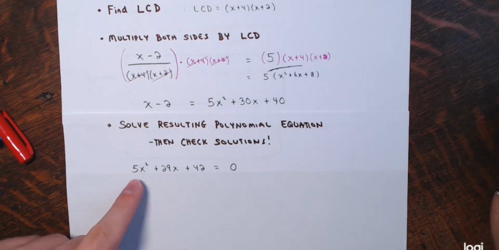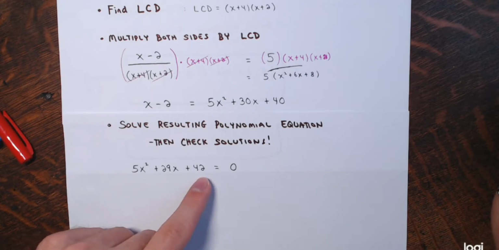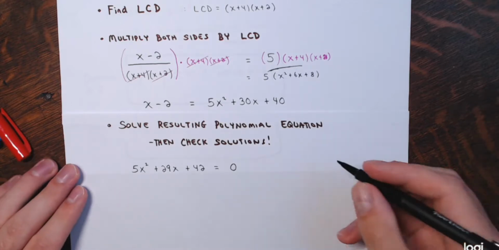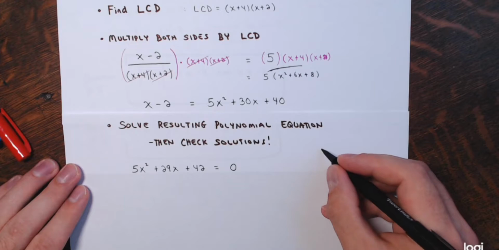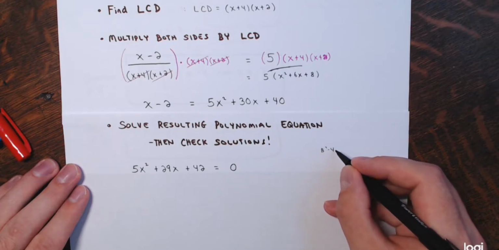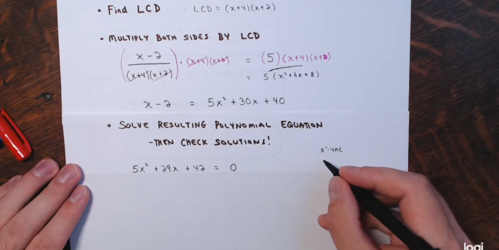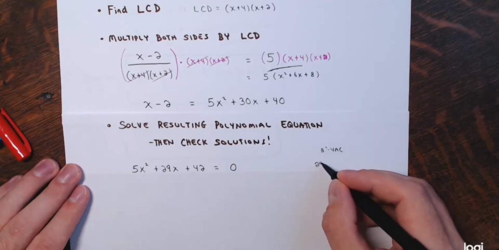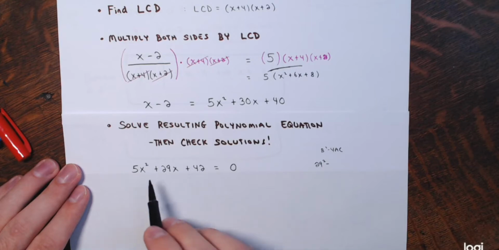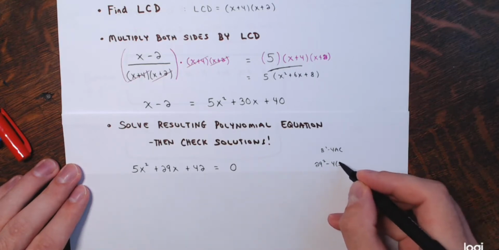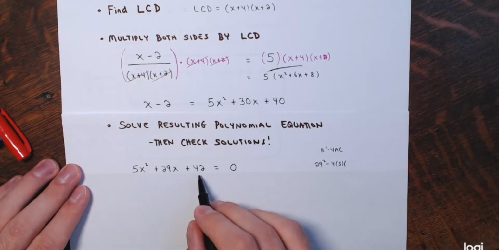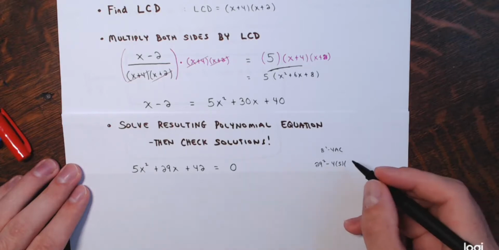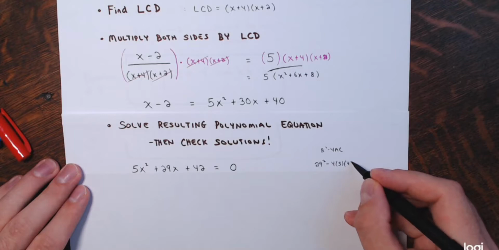Now I have a quadratic equation, and let's see if we can factor this. What I'm going to do is the b squared minus 4ac test to see if that's even factorable. So remember, b is the coefficient of the first powered term, so take 29 squared minus 4 times a, the lead coefficient, 5, and then c is the constant term, positive 42.